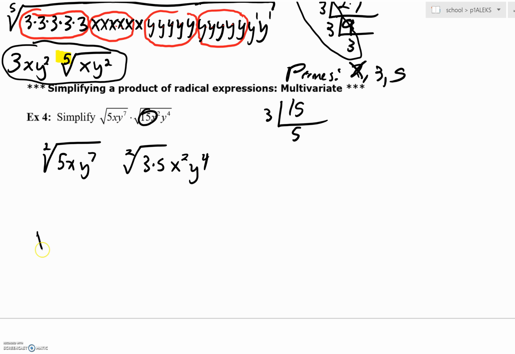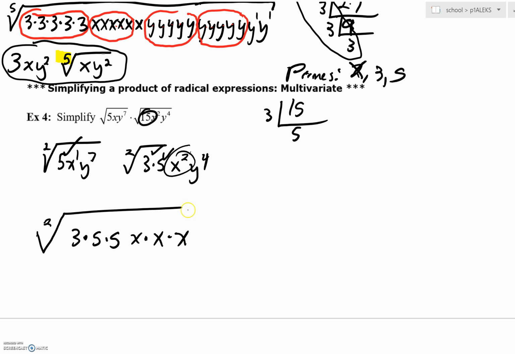Now, here's the cool thing. You can make these two radicals just one. You can condense them all together. And you could say, well, look, I've got a 5, a 3, and a 5. Well, you could just put those all together. You'd say, I've got 1 x, and then I've got 2 more x's right here. Say, I've got 7 y's. Wow, I've got 1, 2, 3, 4, 5, 6, 7.